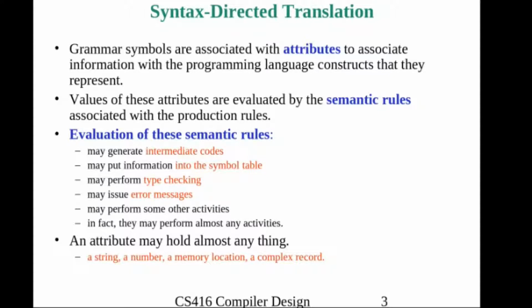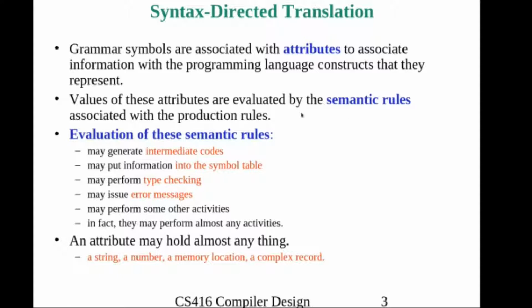So what we will do in the syntax analysis is identify the semantic rules of the attributes associated with the grammar symbols. While evaluating the semantic rule, we will get the value of the attribute. The semantic rules we associate with the production rules of the grammar, and the production rules are formed by using grammar symbols.